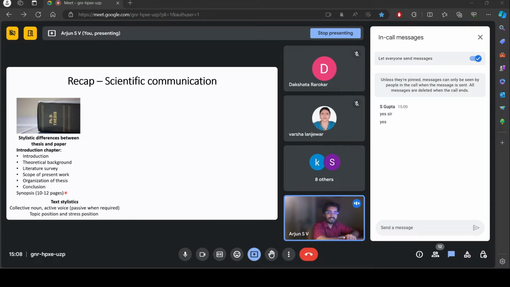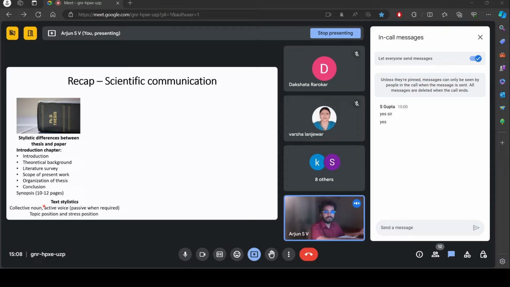And while writing a thesis, it should always be written so that it involves a collective noun. What does collective noun mean? Instead of saying that I did something, it is better to write in a thesis that we did something. Because often you write a thesis by doing experiments and validating them, and then you publish your results in papers with the help of your principal investigator as well.